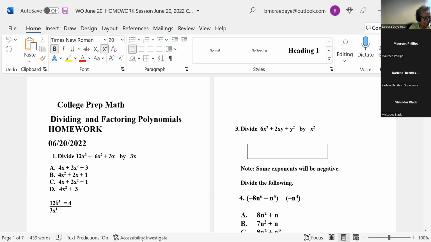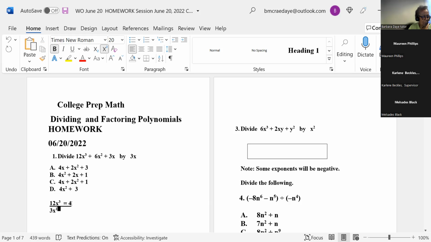Now we divide the x to the third by x to the 1. What is that equal to, Mercedes? What's the rule of exponents when you're dividing? What do you do with the exponents when you're dividing?